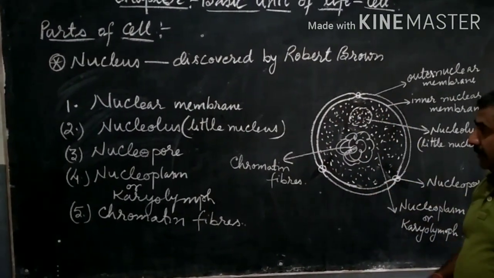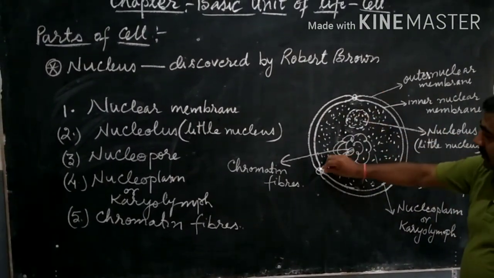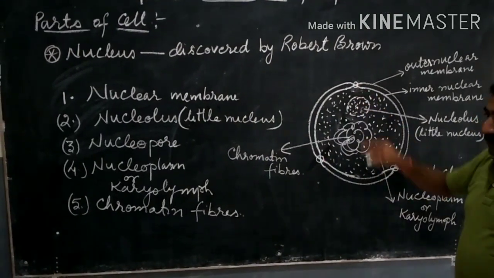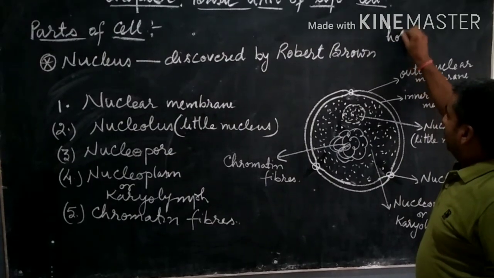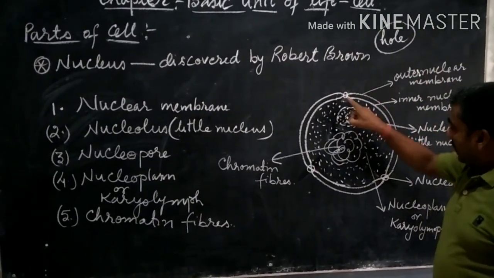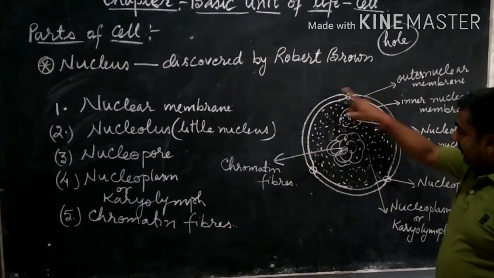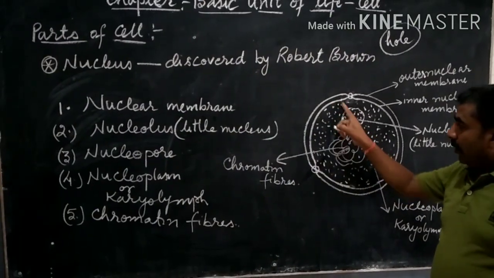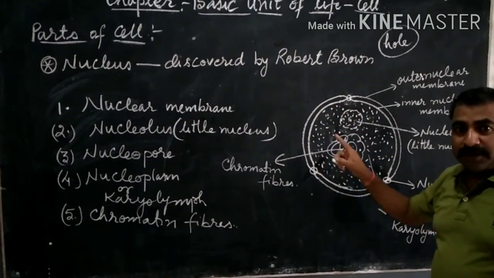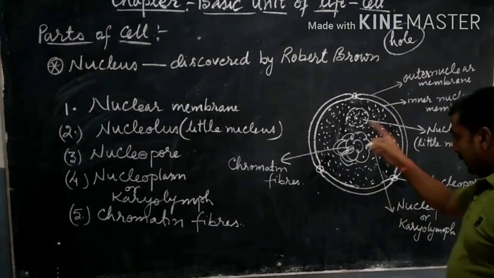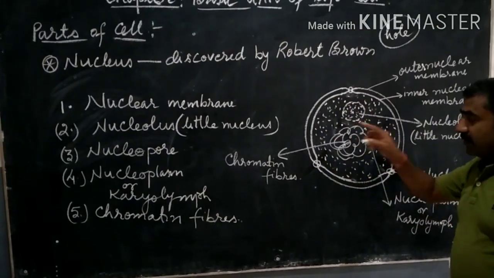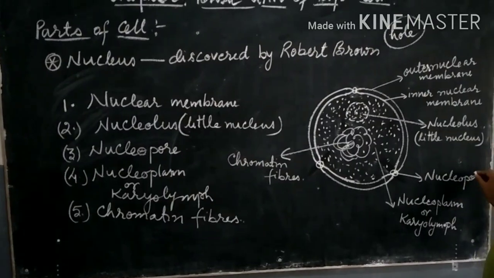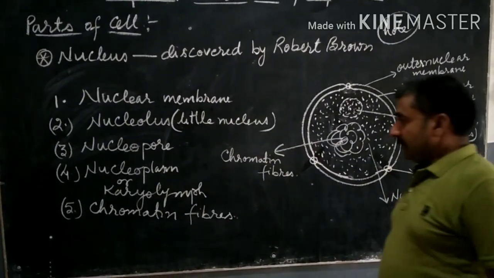The nuclear membrane has minute pores at certain places. Pore means hole. These minute holes are present all over the surface of nuclear membrane, and they are called nucleopore.